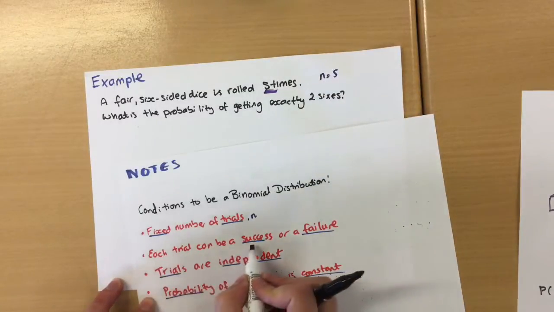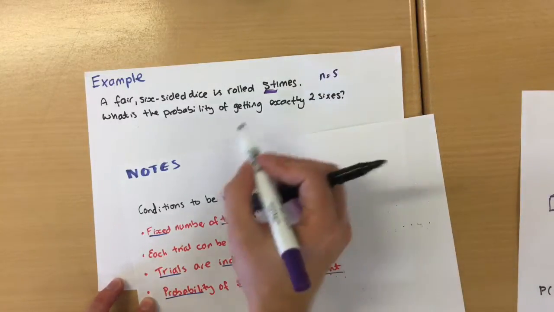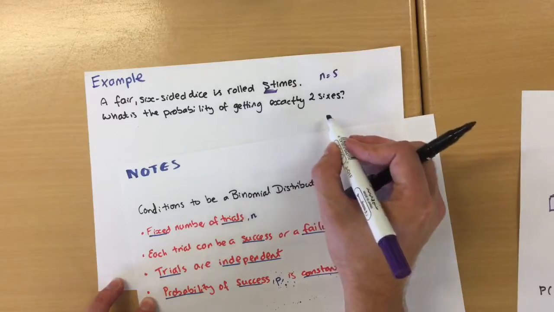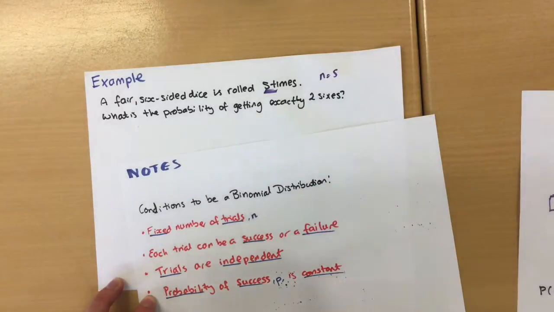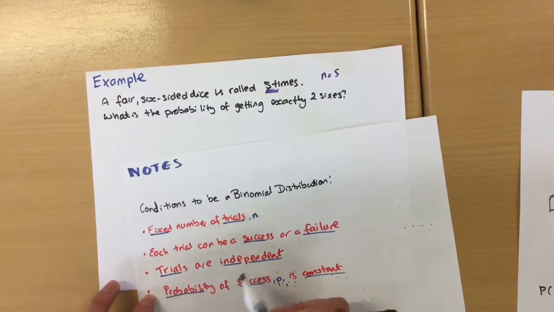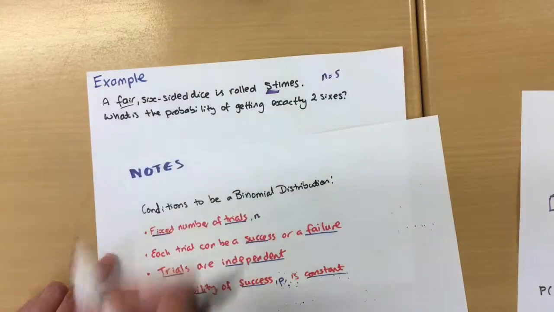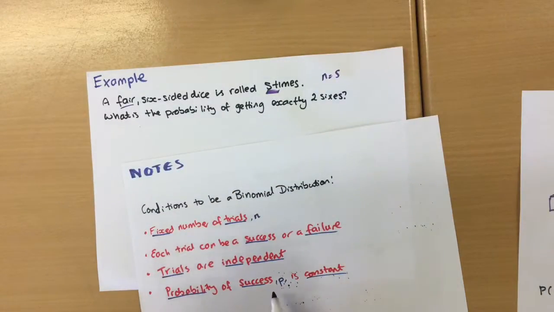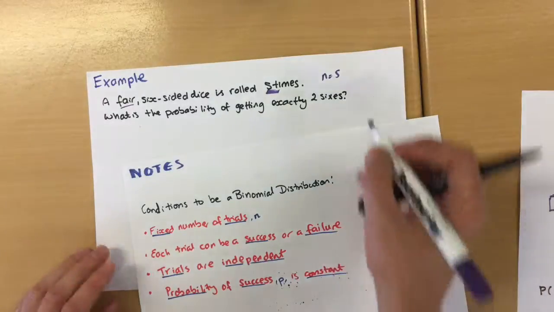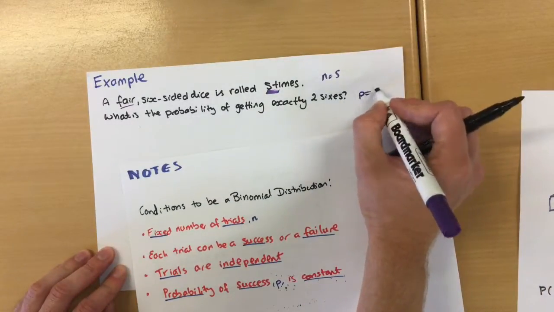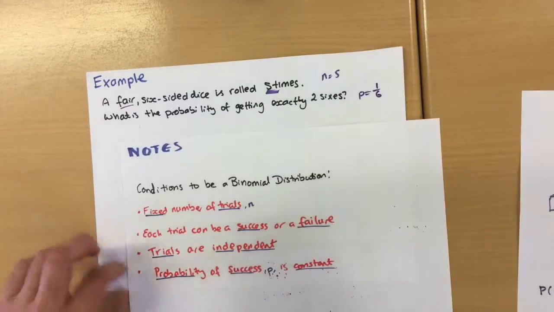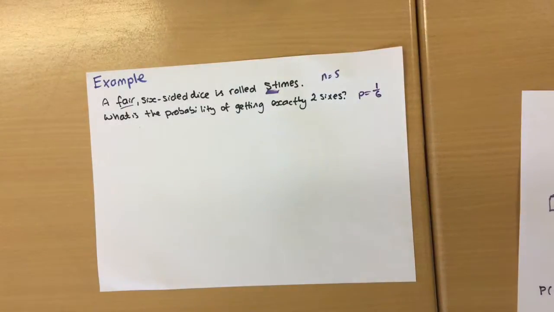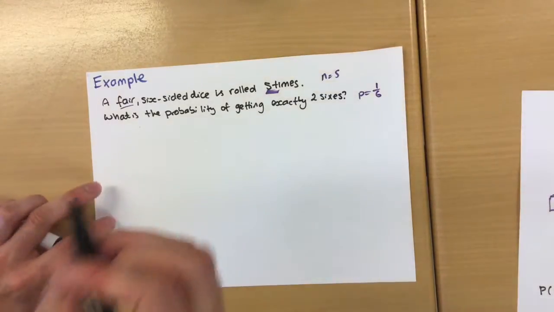Each trial could be a success or a failure. Good, so a success is getting a 6, and a failure is not a 6. Trials are independent. Well, it's a fair dice, okay? And the chance of success is constant, so because it's fair, the chance of success is always going to be 1 out of 6.